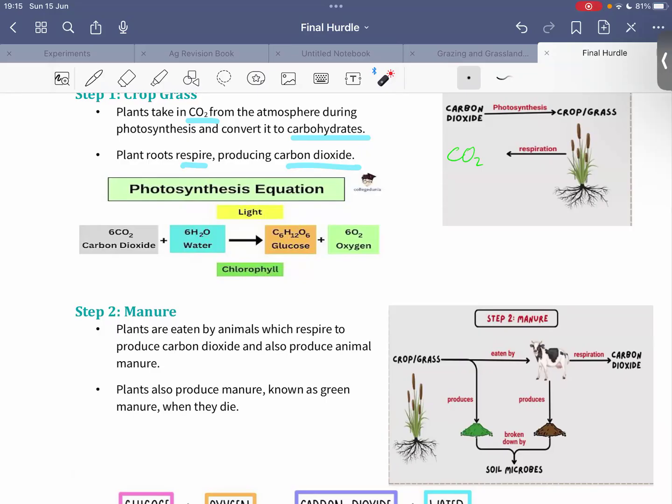What are the chances of the carbon cycle coming up? I'll tell you my logic. In 2021, I'm fairly sure a question came up on both of them. 2022, nil. 2023 was nitrogen. 2023 was carbon. 2024 was nothing.